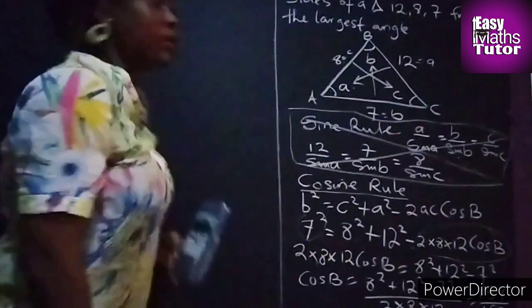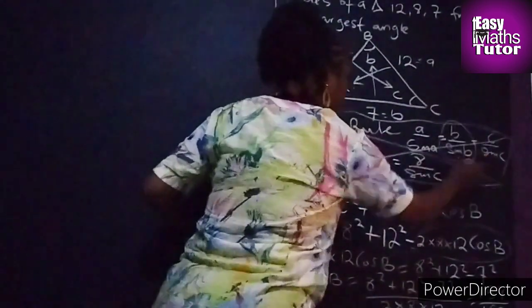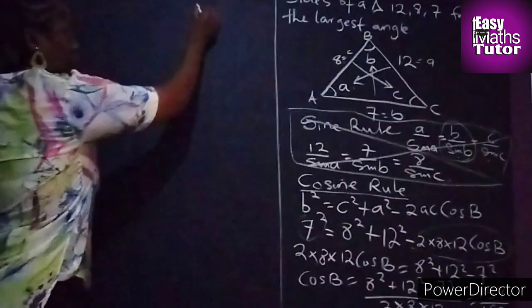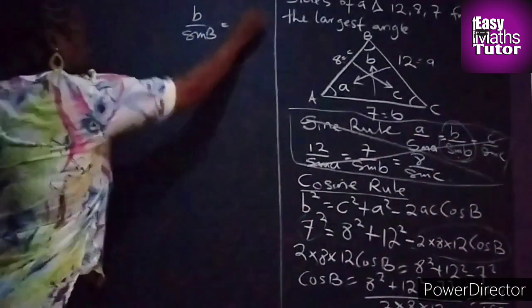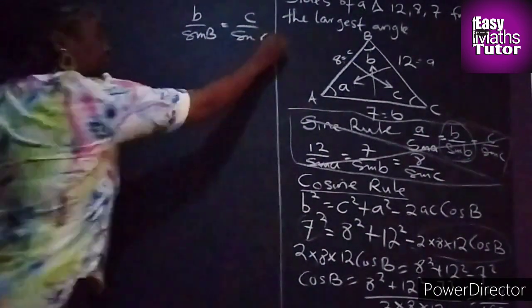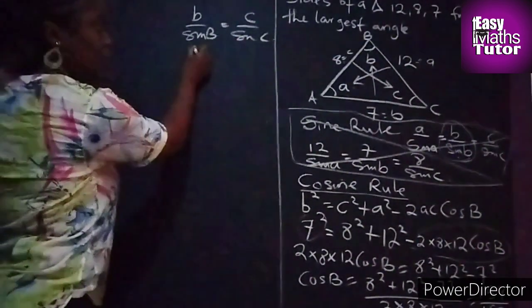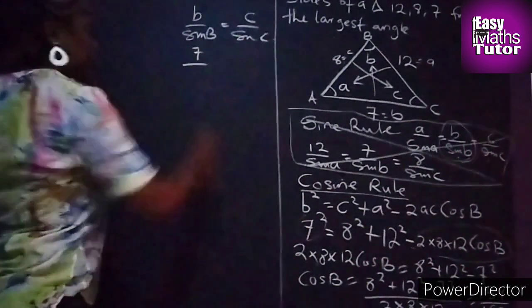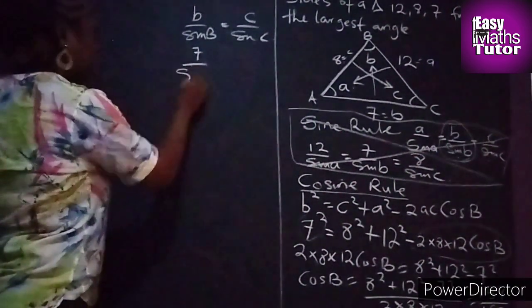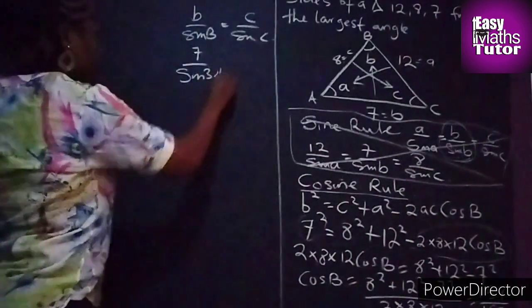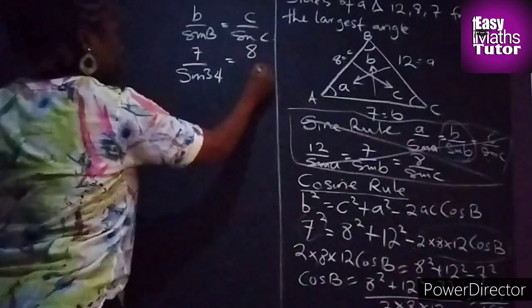Since we have B, we can use B over sine B equal to C over sine C. B is 7, sine B is sine 34, and C is 8.